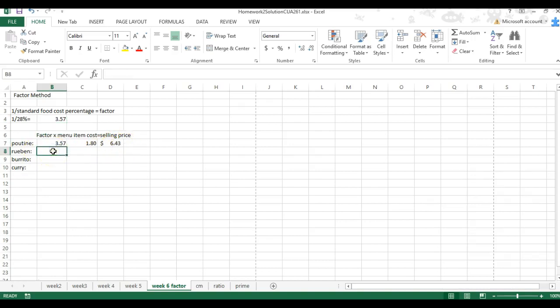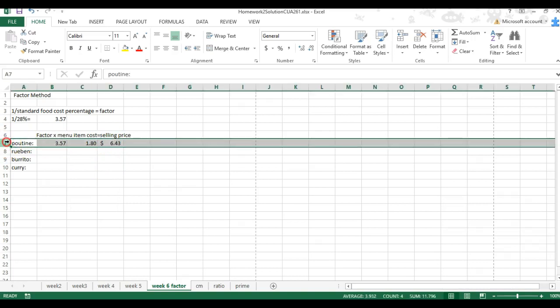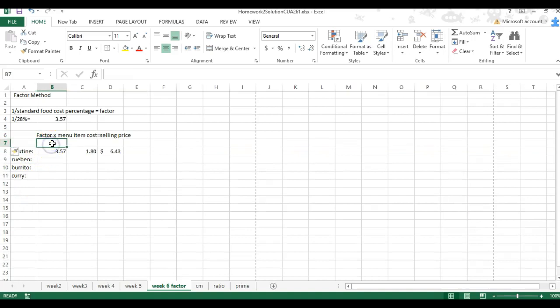In order to make Excel easier for you guys, because I know a lot of you are still struggling with this, we kind of have it lined up here. We got the factor here, we got the cost here, we got the selling price here. If you want to go ahead and insert another one and make more of a table, that's fine.